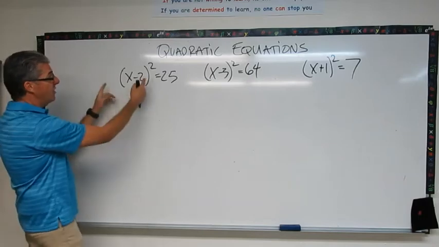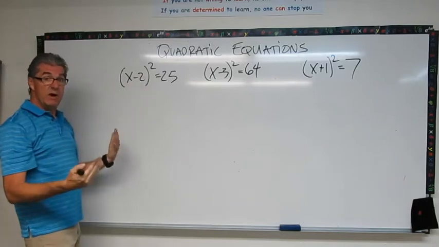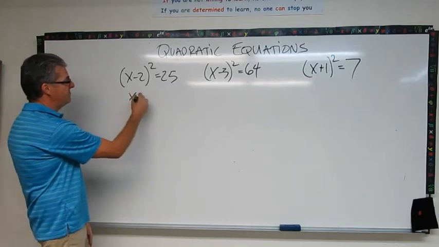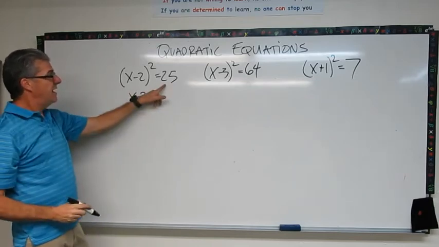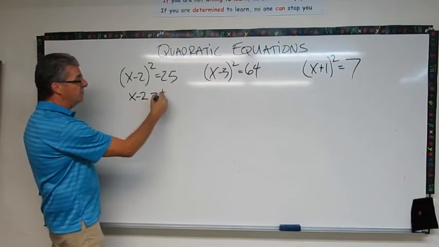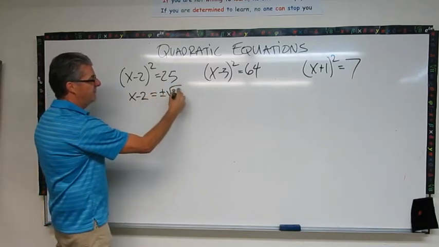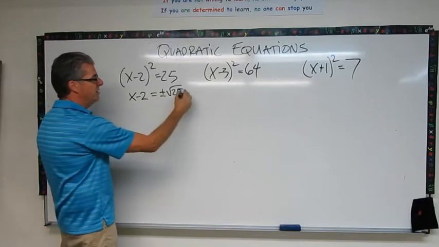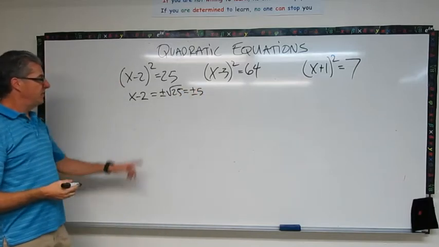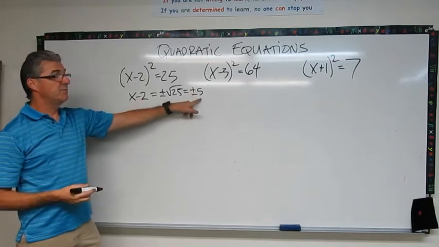So to get the squared off this term, we're going to take the square root of both sides. So that's just going to turn this into x minus 2. Now I have equals the square root of 25, plus minus, which is going to be plus minus 5. Okay? So I have x minus 2 equals plus or minus 5.